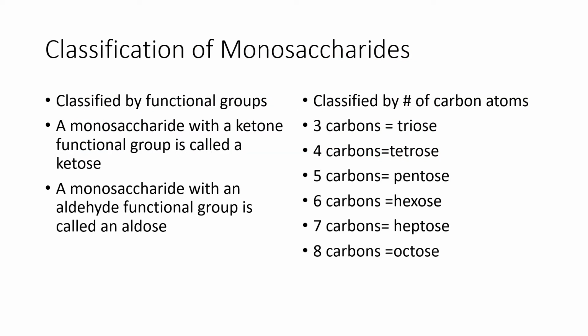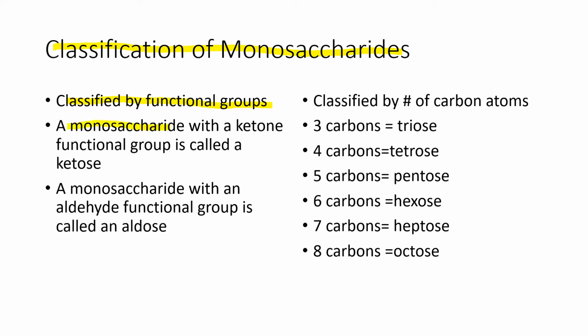The first thing we want to do when talking about monosaccharides is to classify them, and there are two different classification schemes. First, we want to classify them by functional groups. In a little bit, we'll see some structures of monosaccharides. Monosaccharides get differentiated into two big categories in terms of their functional groups.